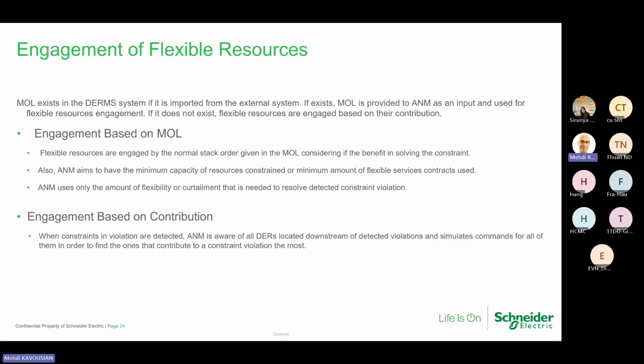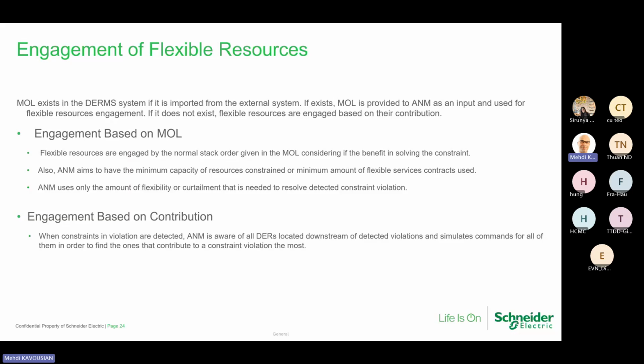I think I explained what is engagement based on MOL, based on contribution. Let's say you have the example we had, kilowatts, megawatts on the feeder head. Let's say you have one in the middle of the feeder, and PR basically checks the upstream ones.